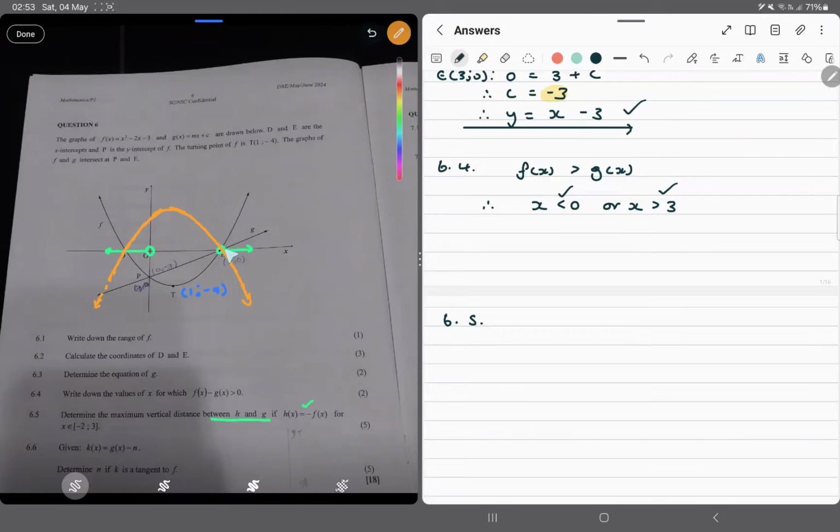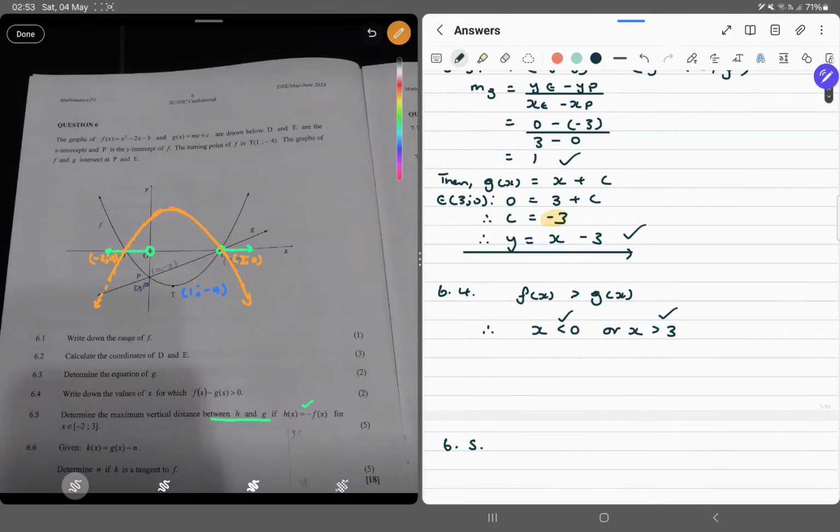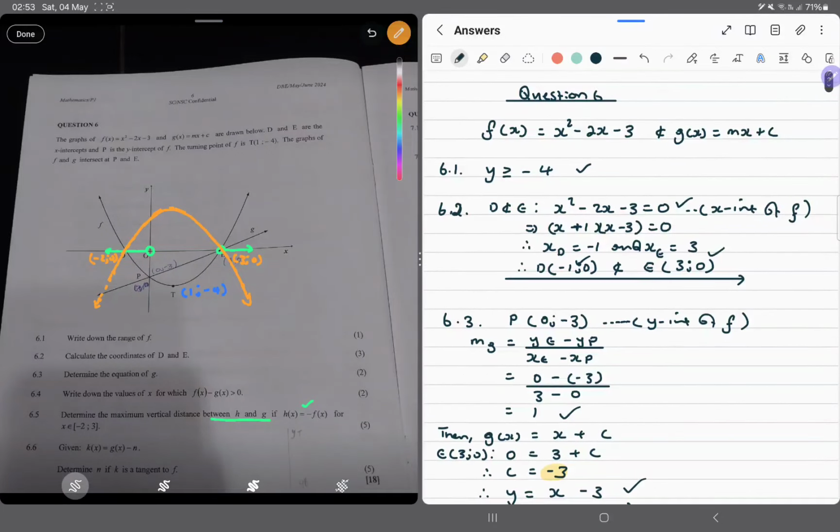And obviously the x-intercepts are not going to change. It's going to be 3 and 0, because remember, a vertical reflection only changes the y values. So 3 and 0, minus 2 and 0. Is that what we got? No, it's minus 1. So this is minus 1 and 0.